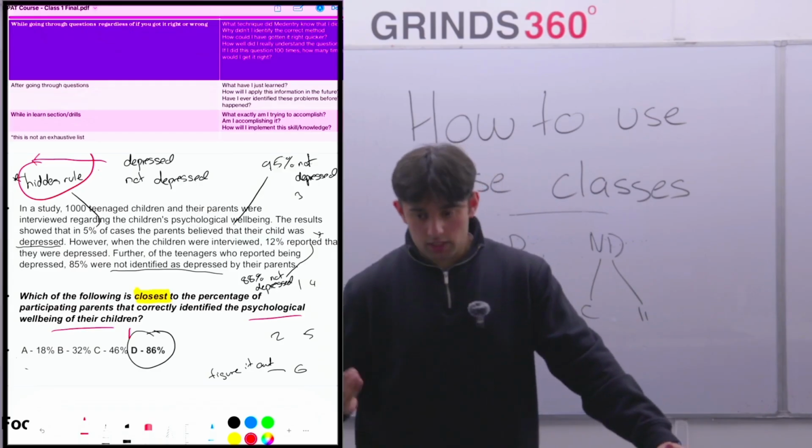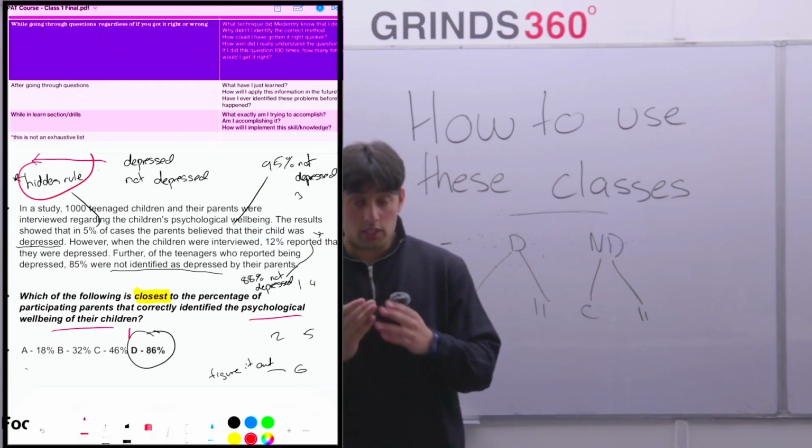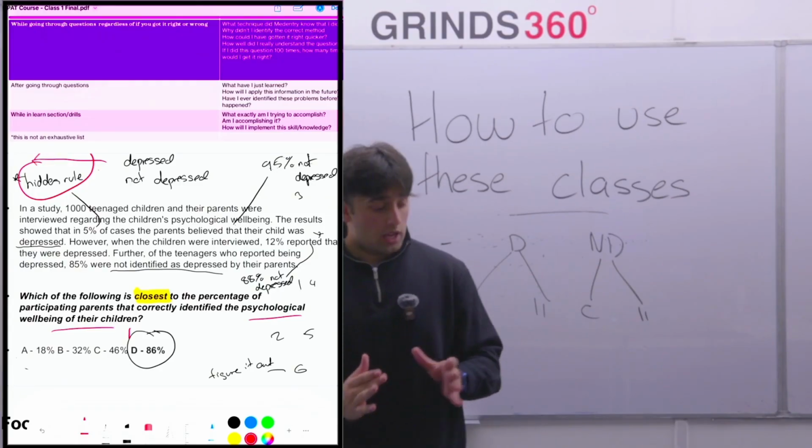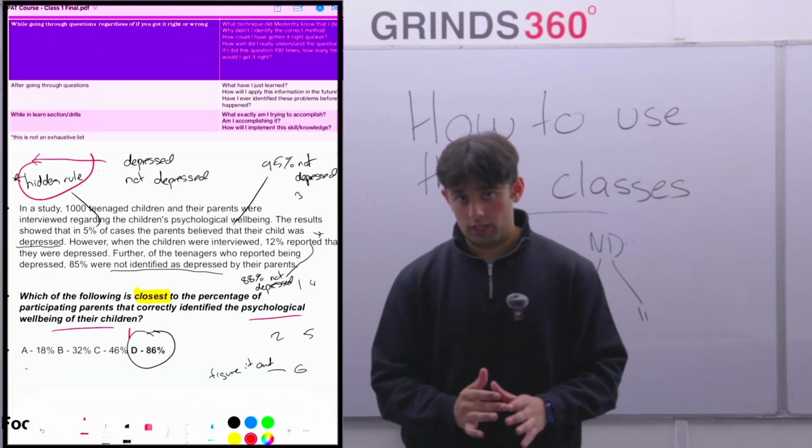And this is the process of improvement that I'm talking about with your HPAT. This is the stuff that is central to your ability to improve. Your ability to do this properly is what determines whether you'll get in or not.